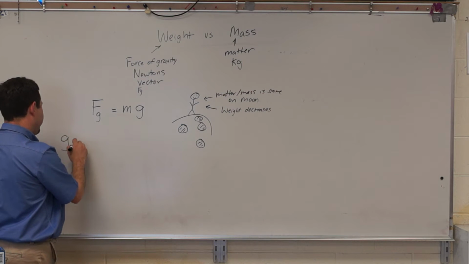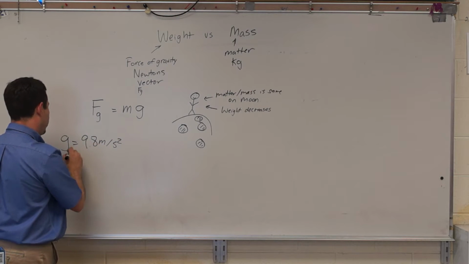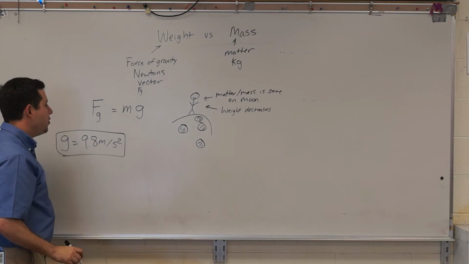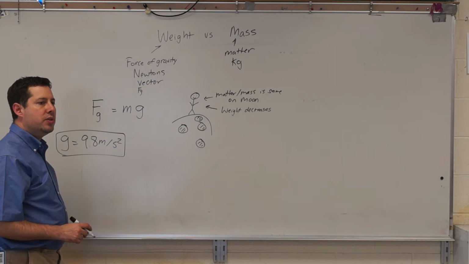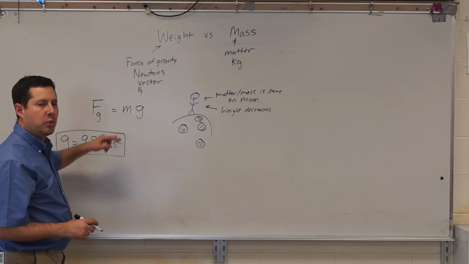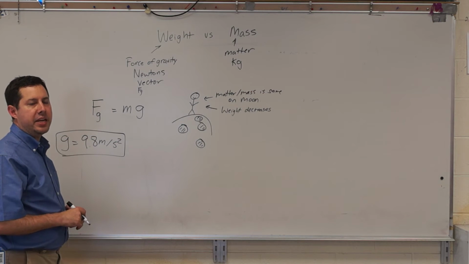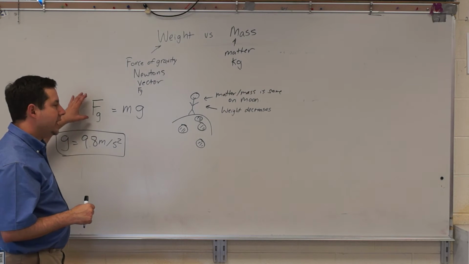And g is this kind of magical number that we'll see, 9.8 meters per second squared. So if you want to convert from mass in kilograms to weight in newtons, you just use F sub g equals mg. It looks a lot like Newton's second law, and there are reasons for it, but it's not the same.